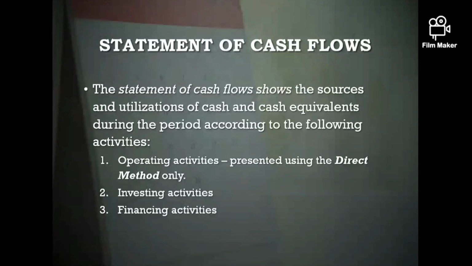When we say direct method, anong difference si direct and indirect? Sa direct method, nakikita mo yung inflow and outflow of cash sa operating activity. Sa indirect method, ang nakikita mo yung changes in asset. Change in increase, decrease in asset, increase, decrease in current liability. So, yun yung direct and indirect method. So, sa government, ang ginagamit natin, direct method.